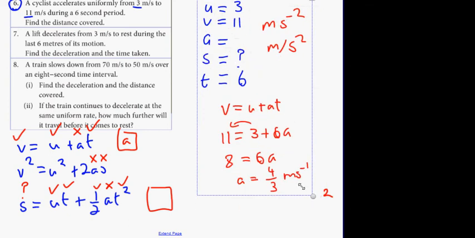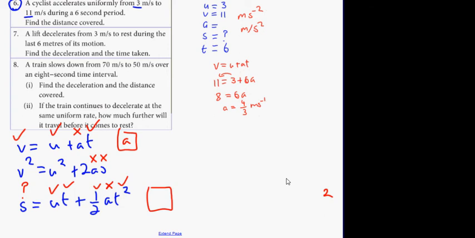You're then going to try and use your next formula. Either formula will get you the answer. So I'm going to use the one that S is already isolated on. See the way S is isolated already? It makes sense to use that one. So S equals UT plus a half AT squared.